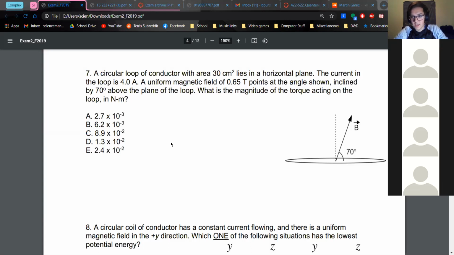All right, three people for A. Let's go through this. I won't say whether A is correct or not yet, but so far it's unanimous.